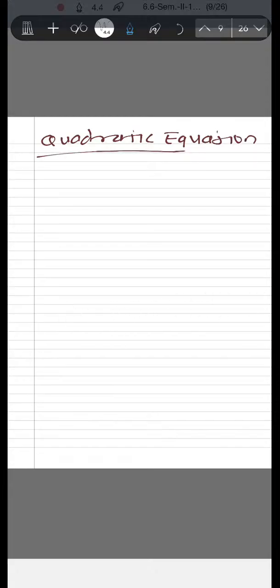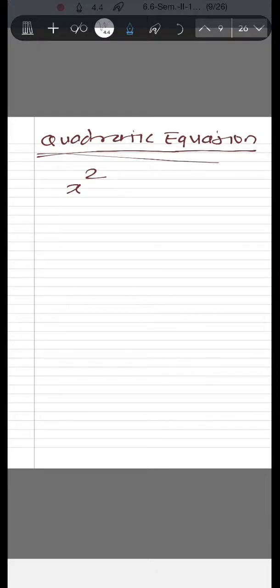What is a quadratic equation? It is one kind of polynomial. If the highest degree of a variable in a polynomial is 2, then we can say that polynomial is a quadratic.